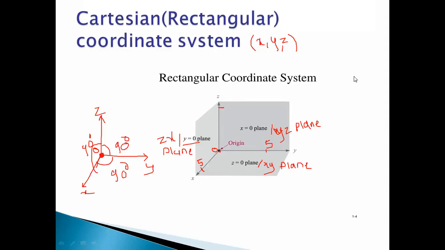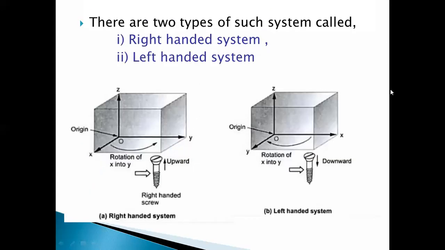Now, in this only, we'll see the left-handed system and right-handed system. When we are considering this Cartesian coordinate system, it can be represented in two ways. There are two types: first is the right-handed system and second is the left-handed system.